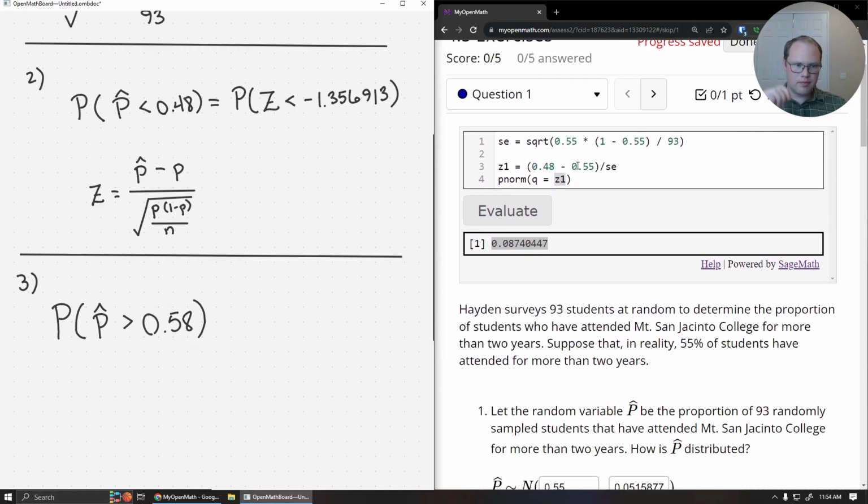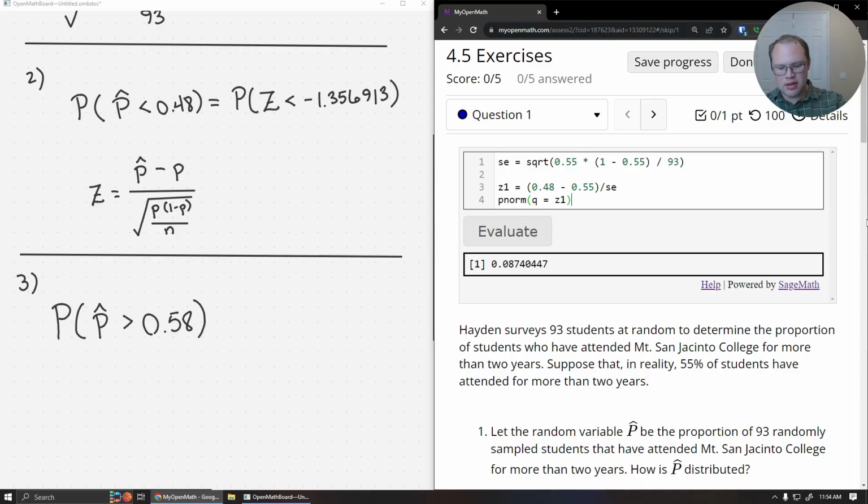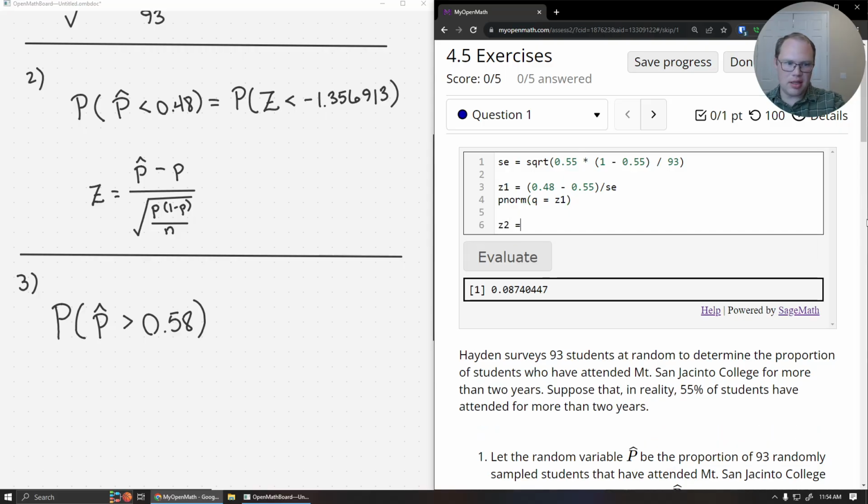So for this second z-score that I'm calculating, I plug in my particular value, which for this probability is 0.58, minus the mean of the distribution, which is the population proportion of 0.55, divided by the standard error, which I have stored in a variable, SE.